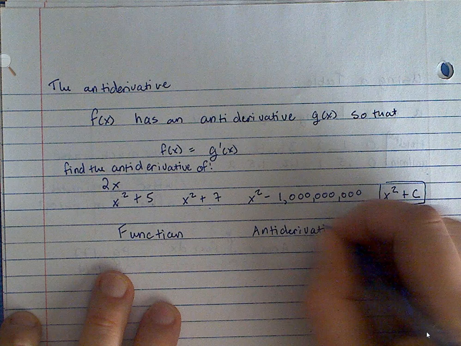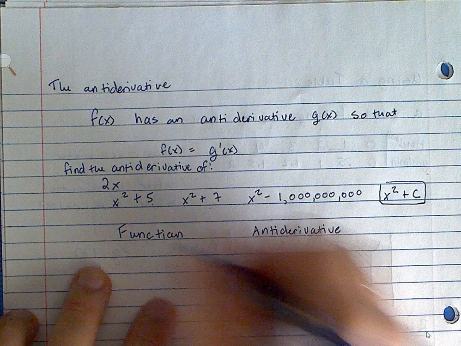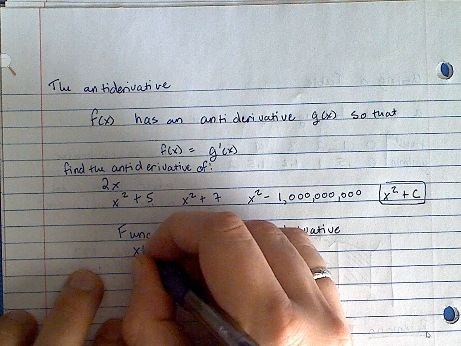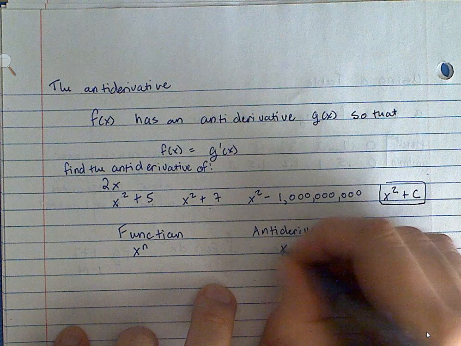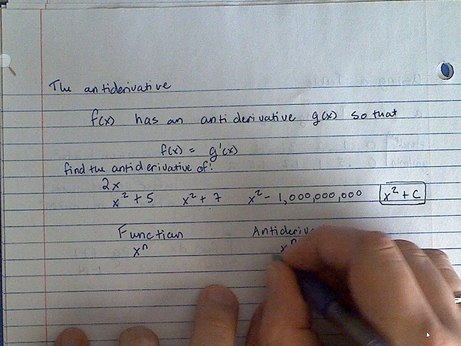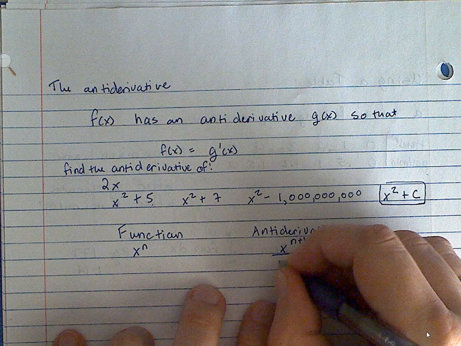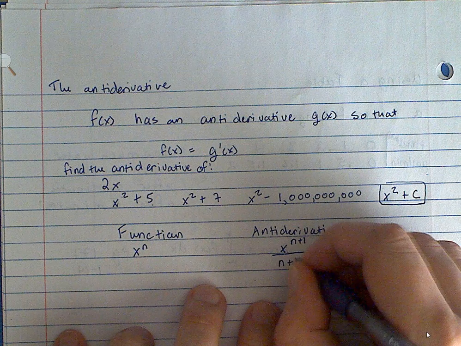All right, so if a function looks like x to the n power, then the antiderivative is going to look like x to the n plus 1 over n plus 1. And I'll show you how to use that in a second.